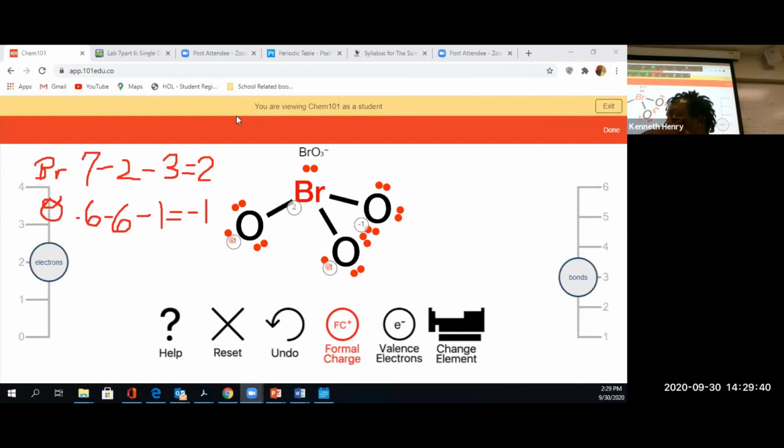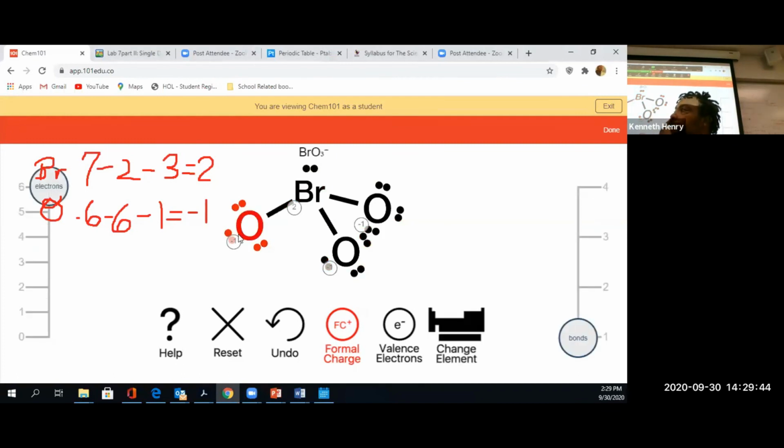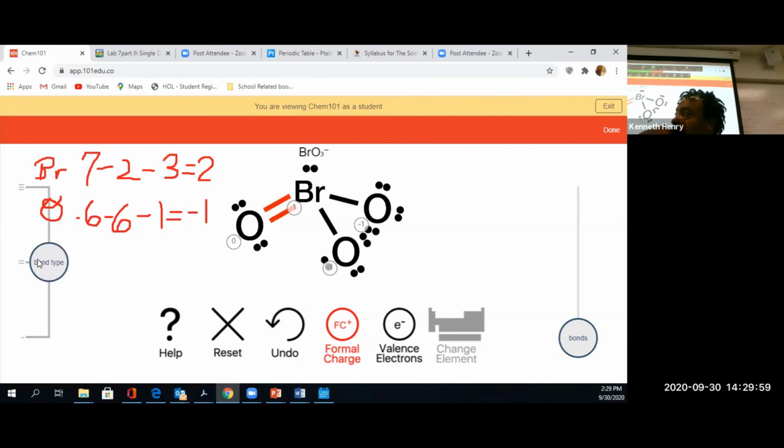Let's see. So if I click on my oxygen here and change the number of lone pair electrons, then click on my bond, that allows me to have a double bond there. Okay, so let's look at this oxygen here.